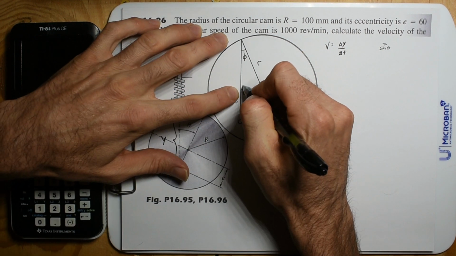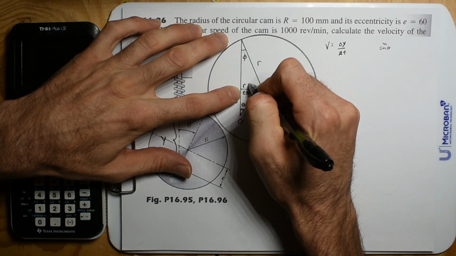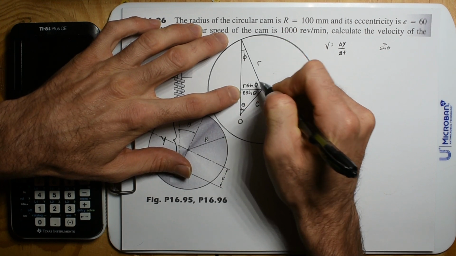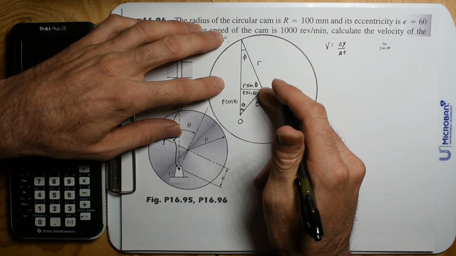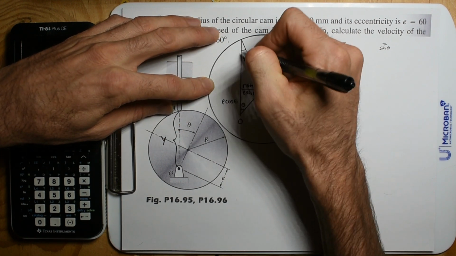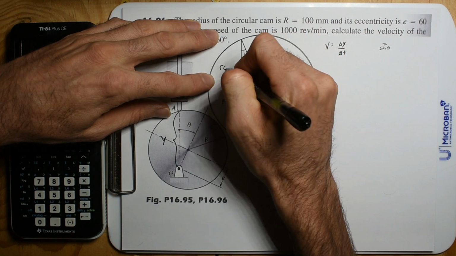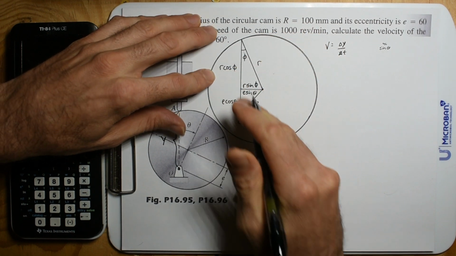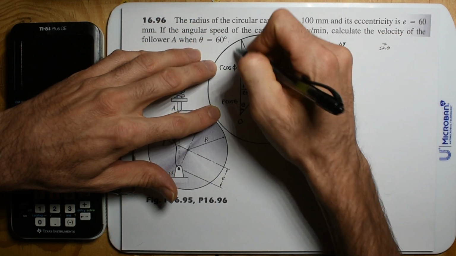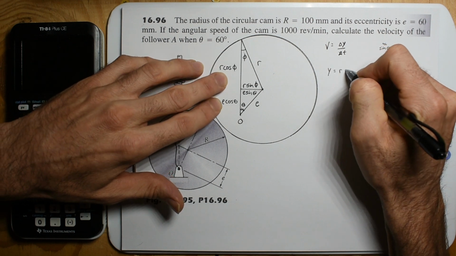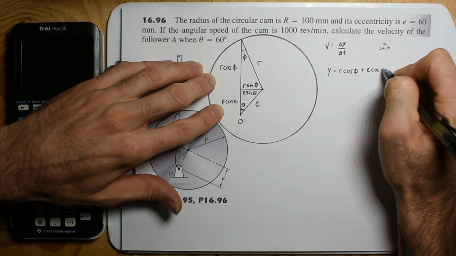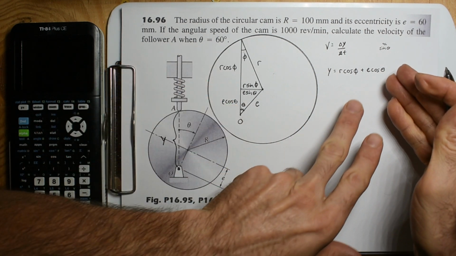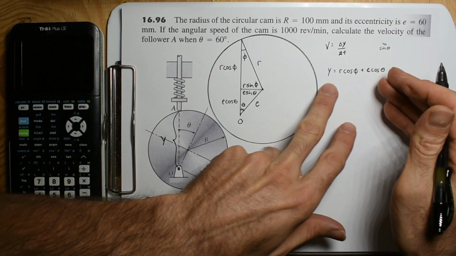But we will do this. We'll say R sine phi, and then this one, we're going to do R cosine phi. This is how we set up part 5, and we said that y is equal to R cosine phi plus E cosine theta. And we took the differential of this with respect to time.